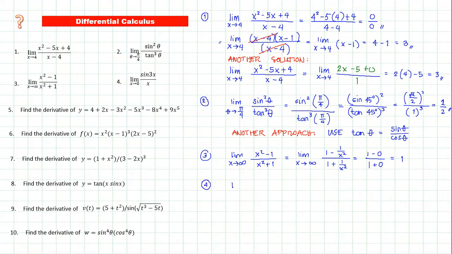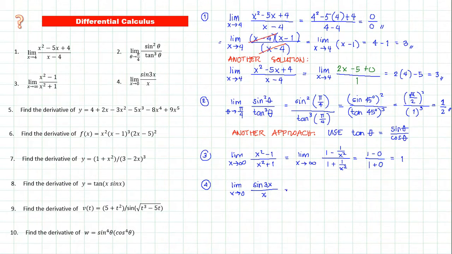So we have the limit as x approaches 0 ng sine 3x over x. So dito gagamit tayo ng theorem natin, no? Ang theorem natin is that the limit as x approaches 0 ng sin x over x is equal to 1. So ang problema na lang is kailangan lagyan natin yan ng 3 dito, no?